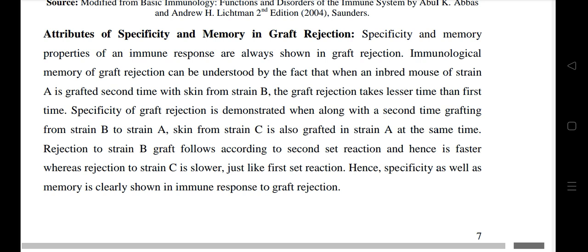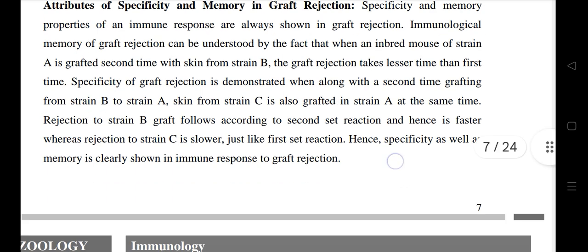Specificity of graft rejection is demonstrated when, along with the second-time grafting from strain B to strain A, skin from strain C is also grafted in strain A at the same time. Rejection of the strain B graft follows the second set reaction and hence is faster, whereas rejection of the strain C graft is slower, just like the first set reaction. Hence, specificity as well as memory are shown in the immune response to graft rejection.